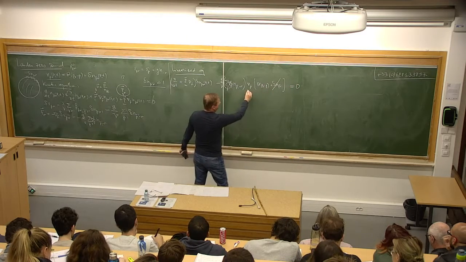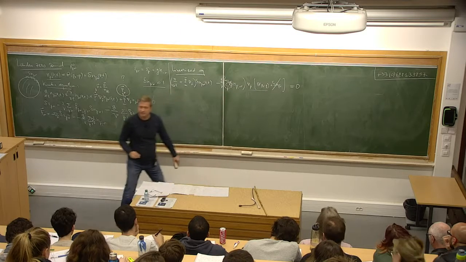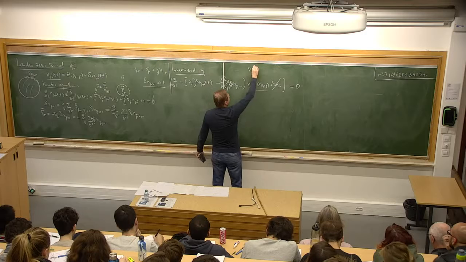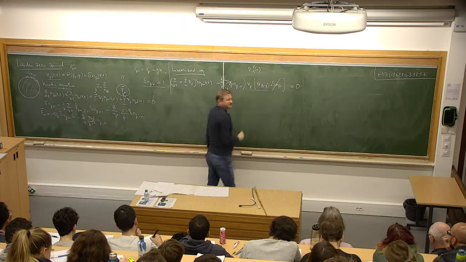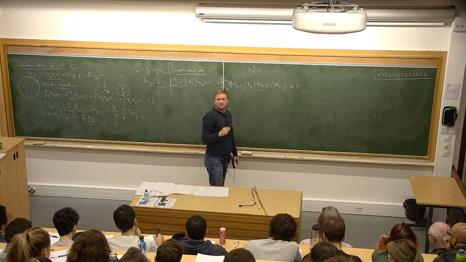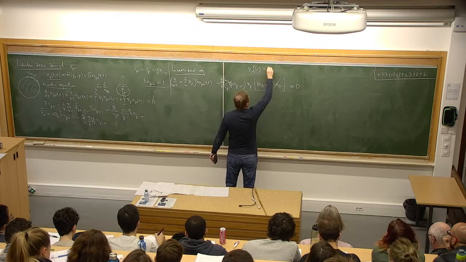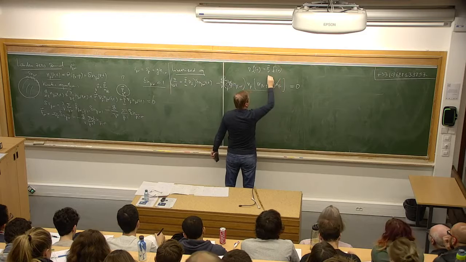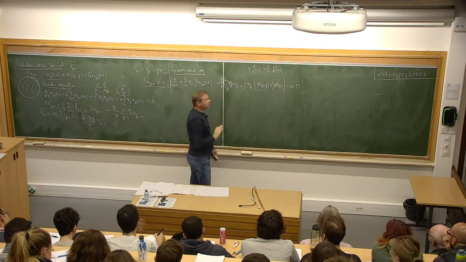So I have only to calculate these things. And remember, when you study electrodynamics, if you take a gradient of a function that depends on the modulus r, it is r over r times f prime of r. So it's the same rules here.